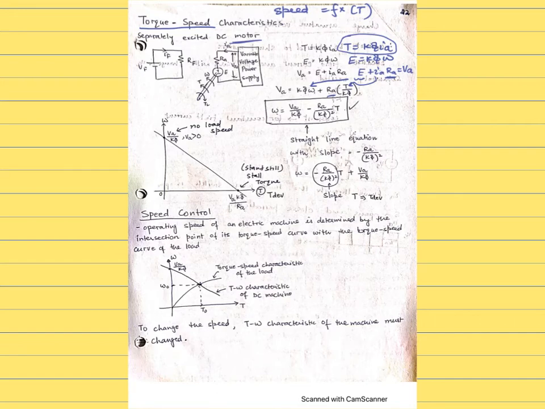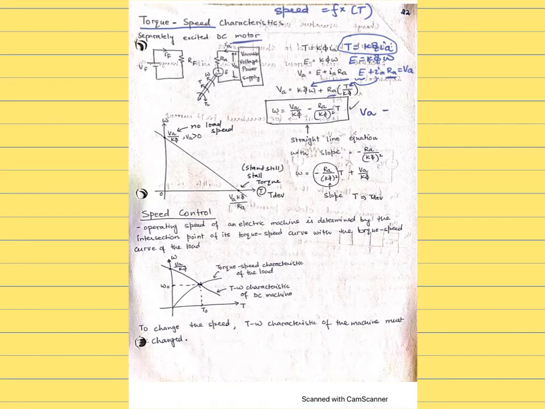We want the speed on one side, so it's going to be VA minus RA over K phi times T equals K phi omega. So divide both sides by K phi, and that equals omega.